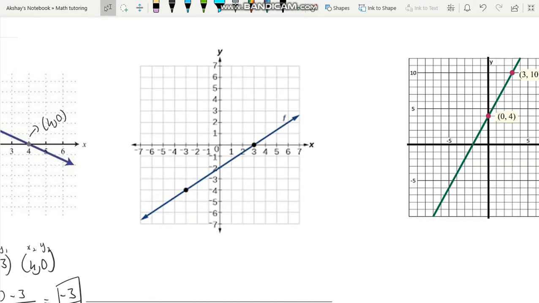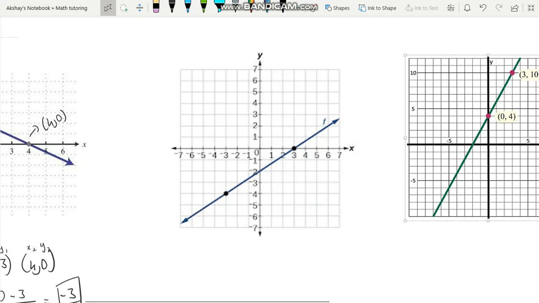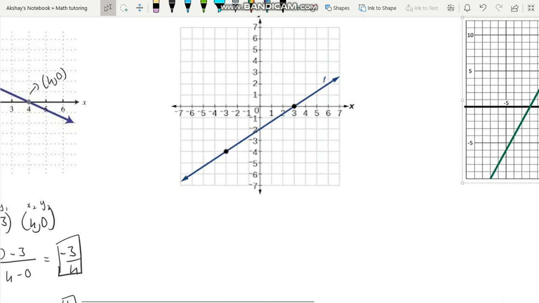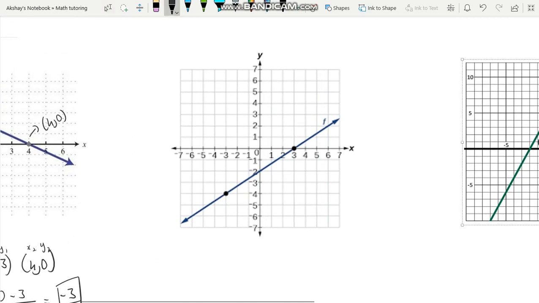Alright, moving to our second question here. Okay, so for our second question, we're not going to use our y-intercept directly. We're going to use two points here, (3, 0) and let's see where that lies, (negative 3, negative 4).